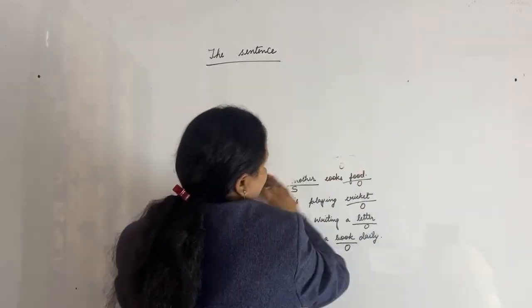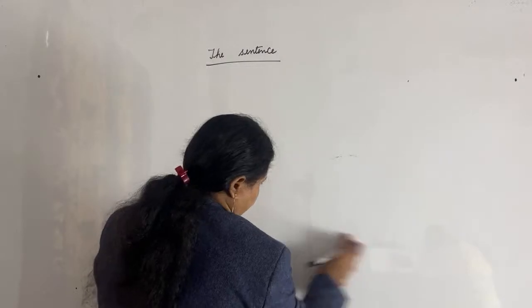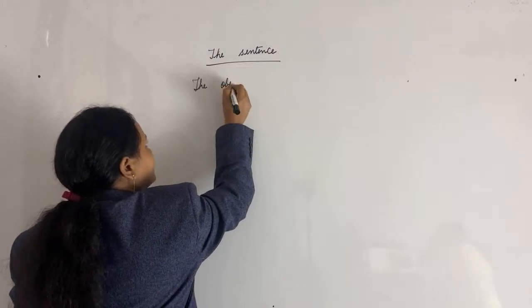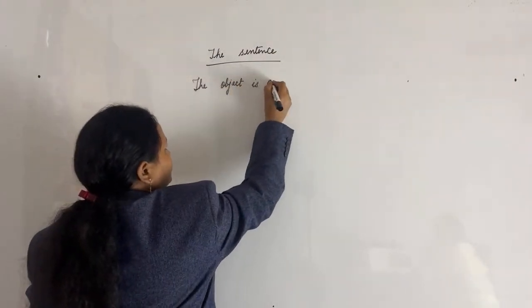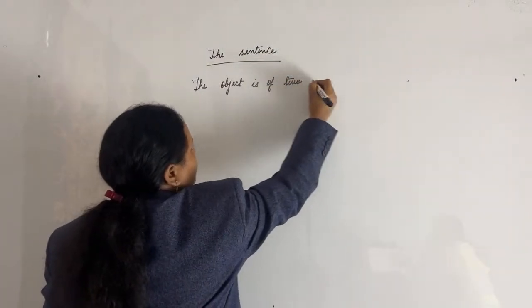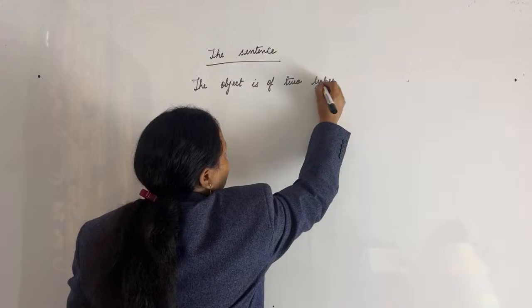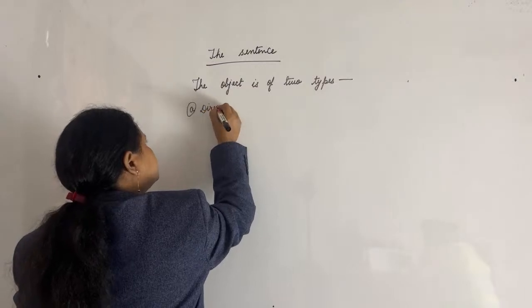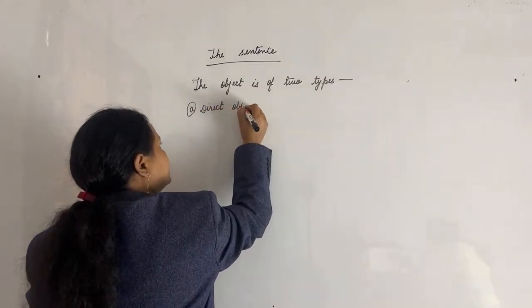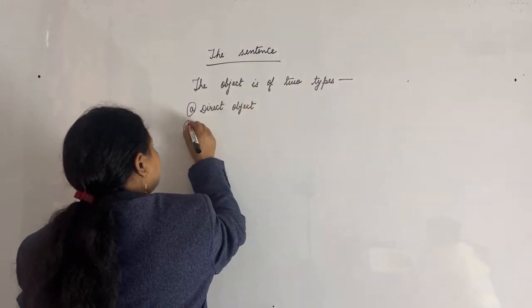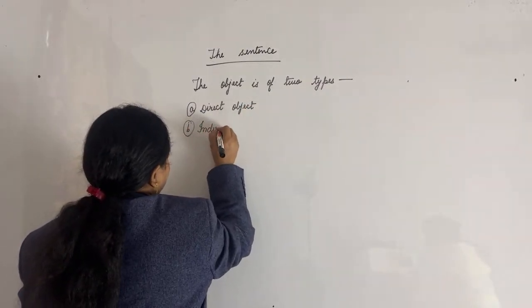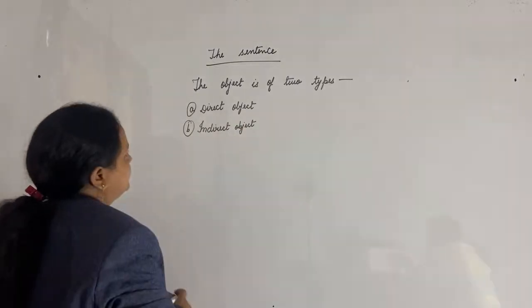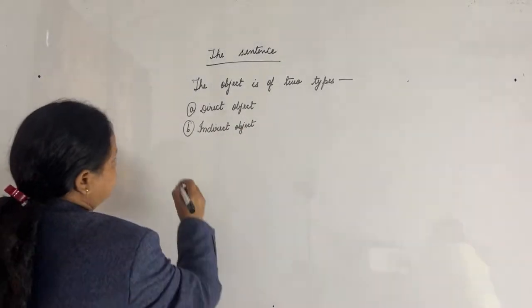The first one is called direct object, and the second is called indirect object. So first we will talk about the direct object.